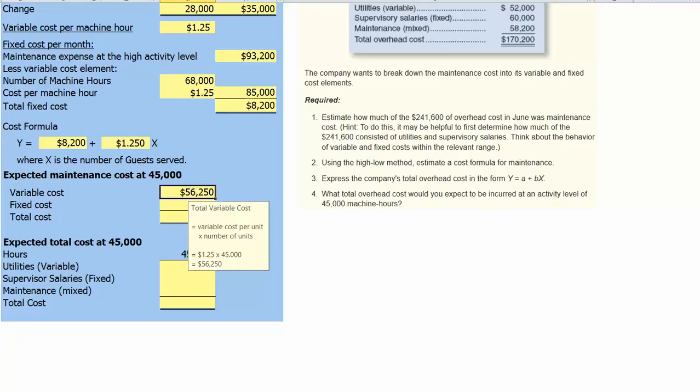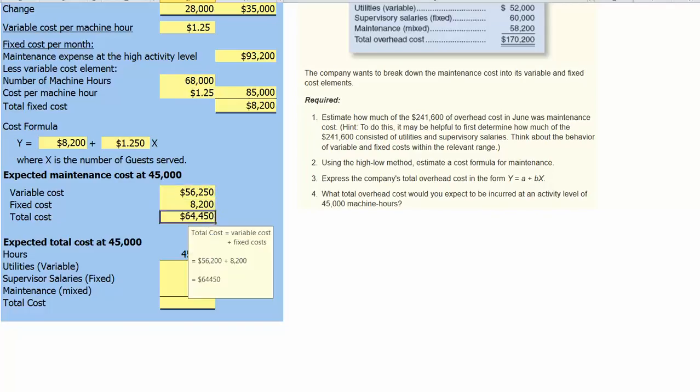That's the $1.25 times 45,000 machine hours, plus we need to add to that the 8,200 fixed cost to give us a total cost for maintenance at 45,000 machine hours of $64,450. We were asked to find our total overhead cost, so we need to add to that the variable utilities and the fixed supervisor salaries.